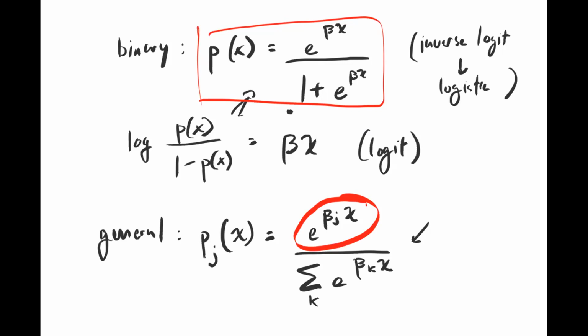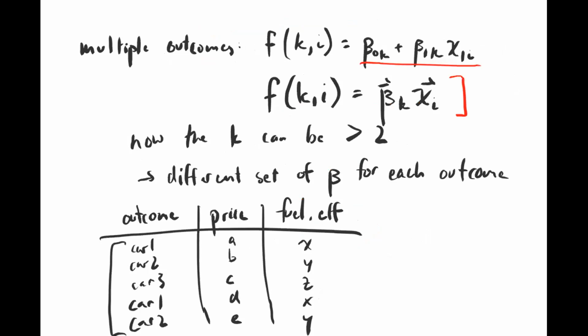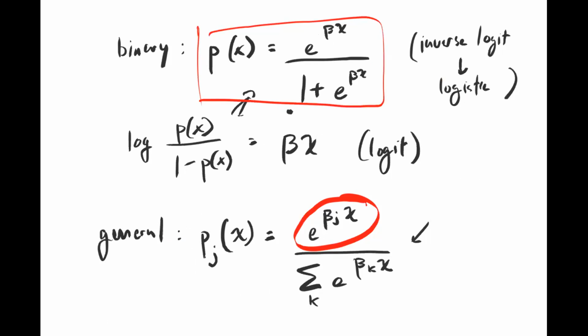And in the previous slide, that would be this set of attributes associated with car 1. So that function right here, in a choice model, is commonly associated with a utility function, this portion right here.